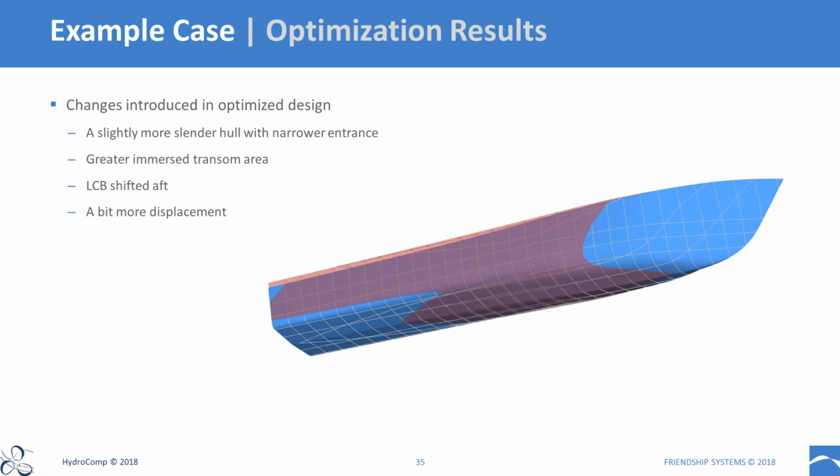And if we look at the results here in the geometric comparison, what we just saw in the figures, the changes that were introduced is we have a slightly more slender hull with a narrower entrance. The immersed transom area is bigger. We saw that the transom draft had a significant influence, and our longitudinal center of buoyancy is shifted slightly aft, and we have a little bit more displacement overall for the vessel.